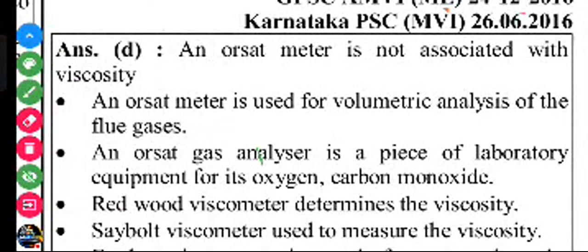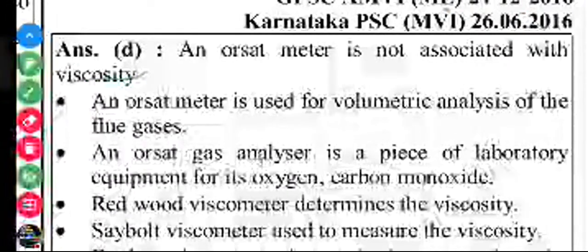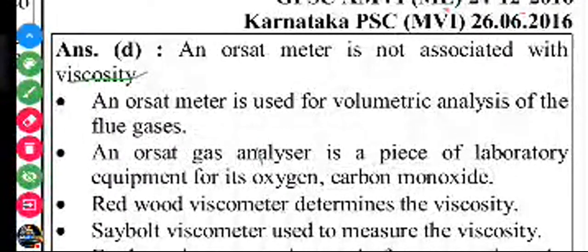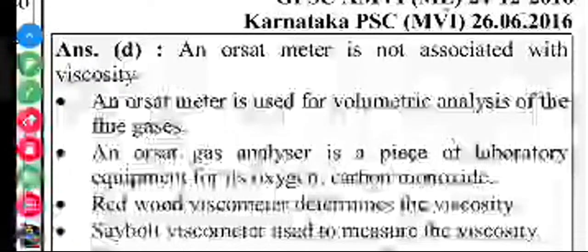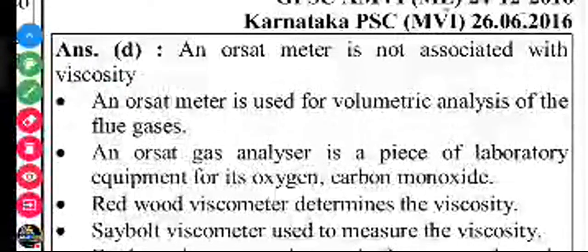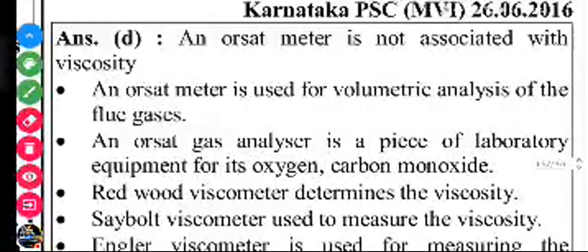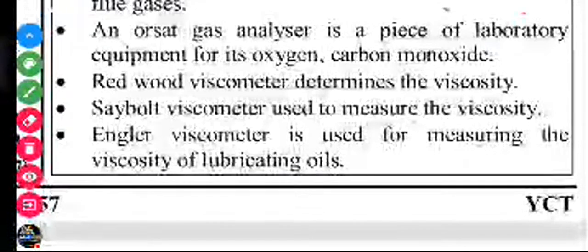An Orsat meter is not associated with the viscosity. An Orsat apparatus is used for the volumetric analysis of flue gases. An Orsat gas analyzer is a piece of laboratory equipment for measuring oxygen, carbon monoxide. Redwood viscometer determines the viscosity. Engler viscometer is used for measuring the viscosity of lubricating oils.